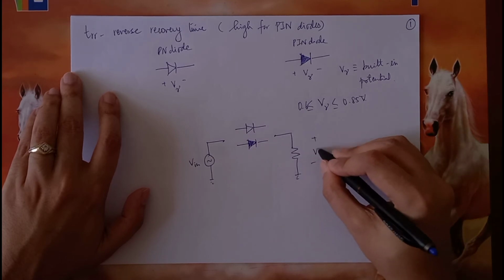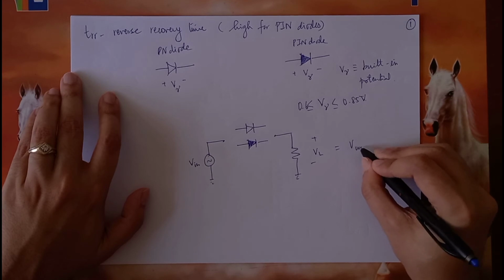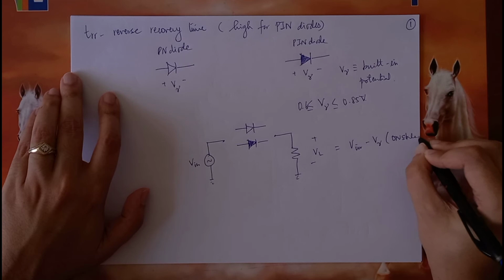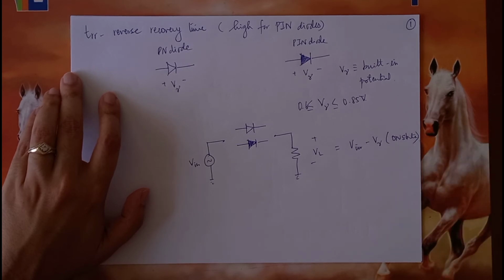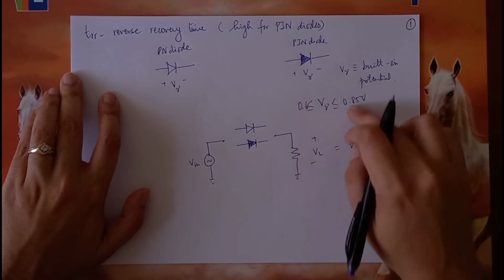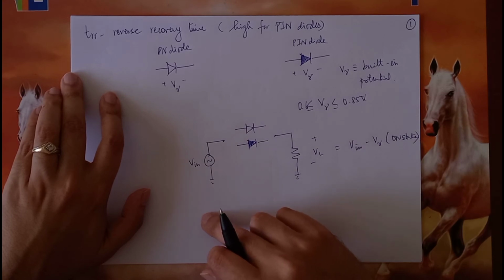So if this is what we call the load voltage VL, you will see that VL will always be equal to V in minus V gamma in the on state. Therefore, any signals whose magnitudes are below this V gamma will be unable to turn these diodes on.